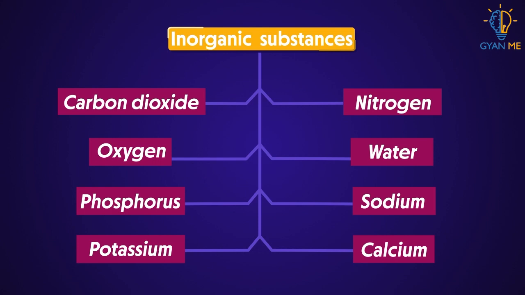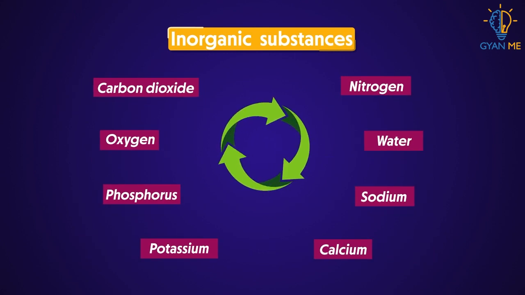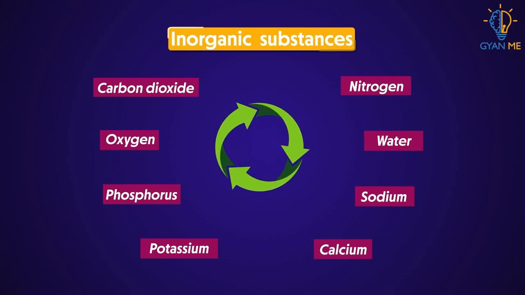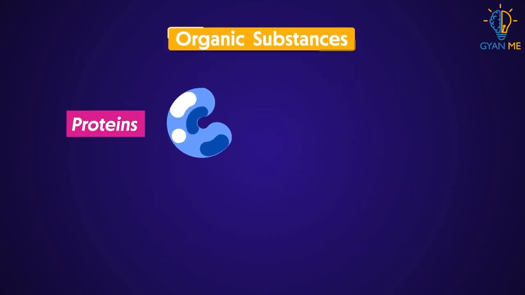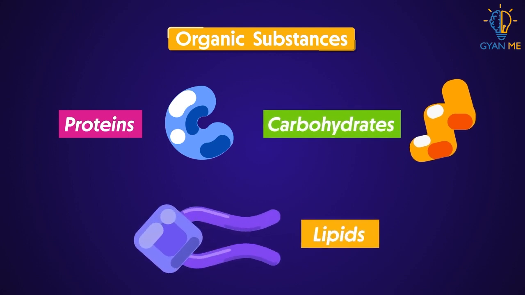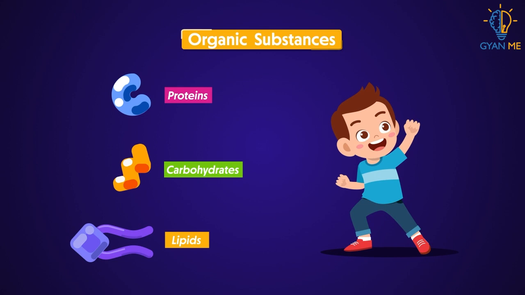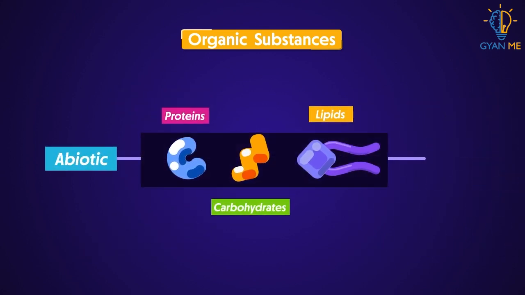Inorganic substances are mostly involved in cycling of materials in ecosystem. Organic substances like proteins, carbohydrates and lipids are mostly found as a part of living body and forms a link between abiotic and biotic components.